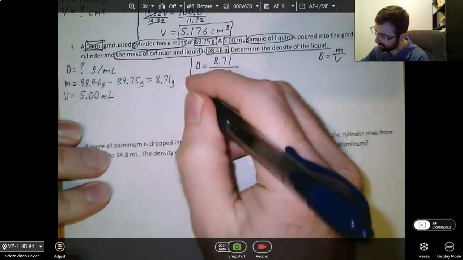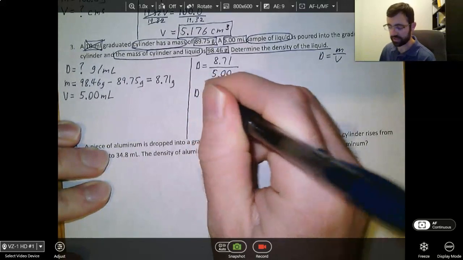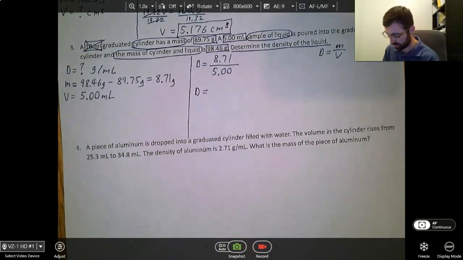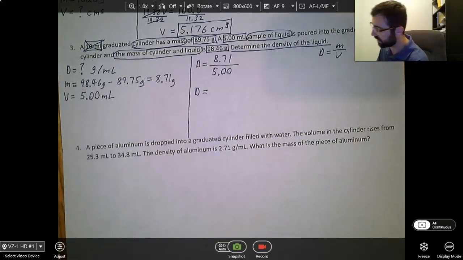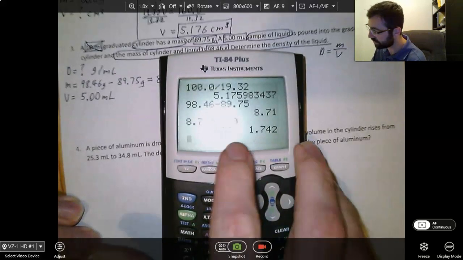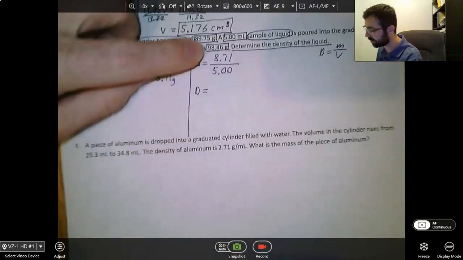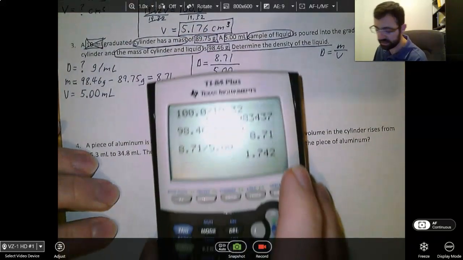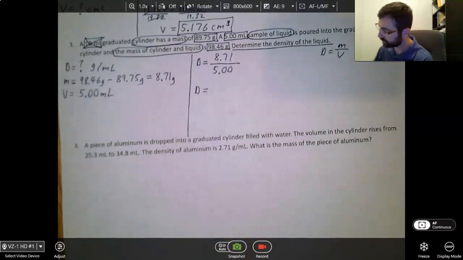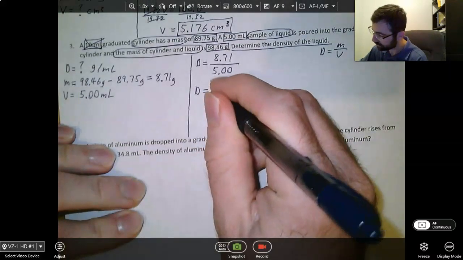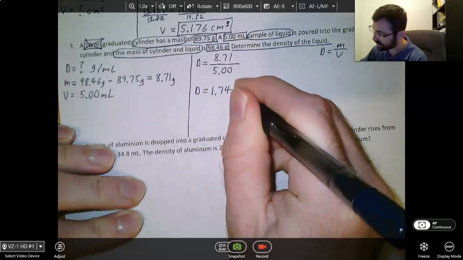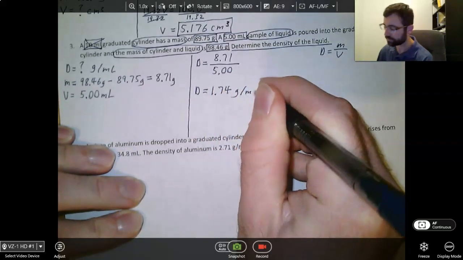So density equals, I'm going to type it in the calculator, 8.71 divided by 5.00. I get 1.742. Need to round that to 3 sig figs. 1.74 grams per milliliter.